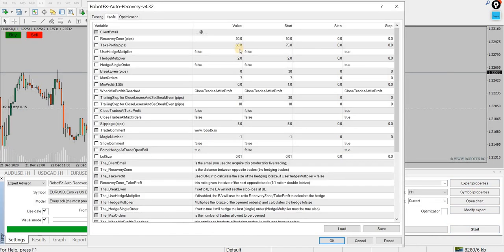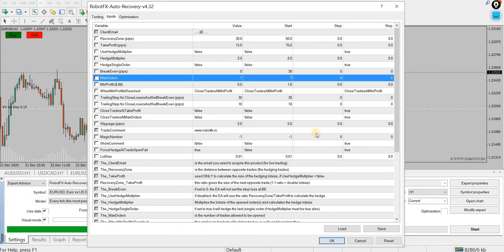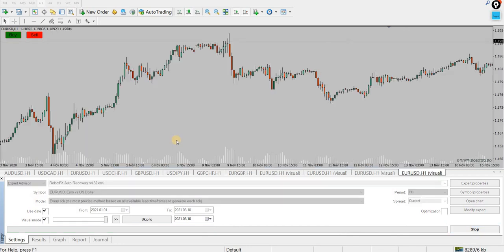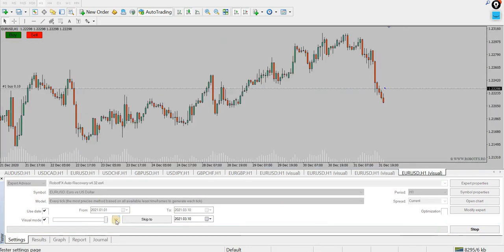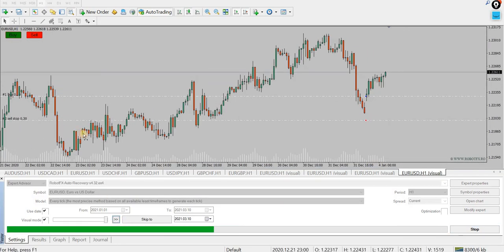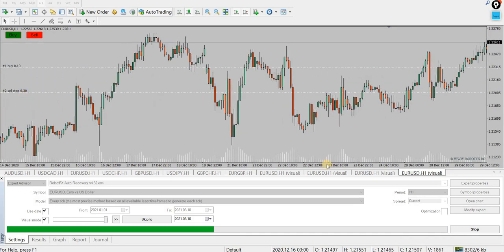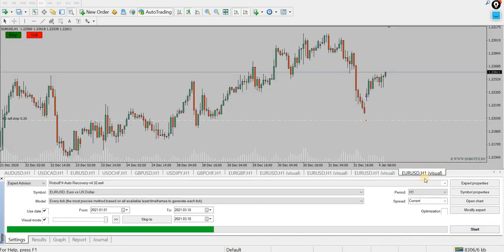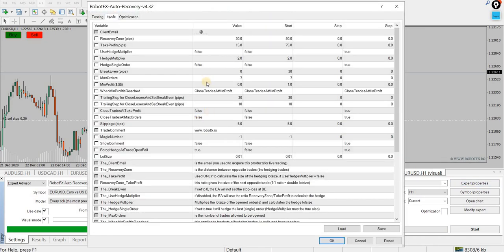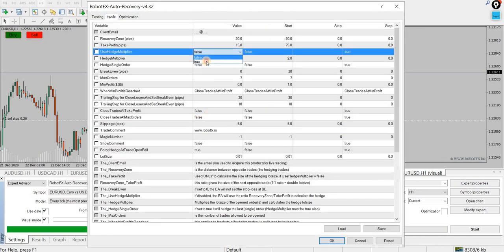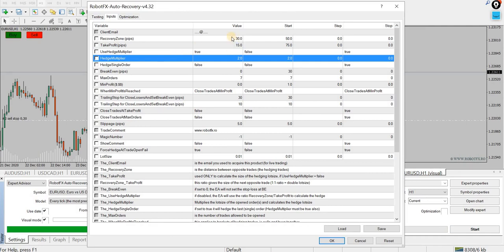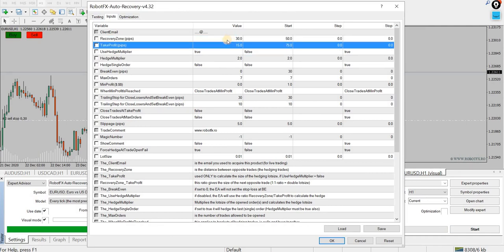If, however, the take profit is let's say half the size of the recovery zone, then the hedging order should be higher, 3 times, and so on. So for now, you might want to use the hedging multiplier. You might also find this useful in the future.